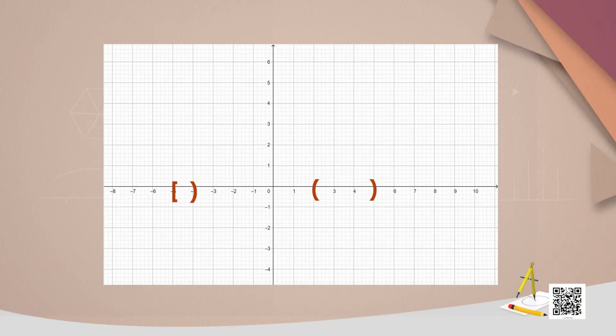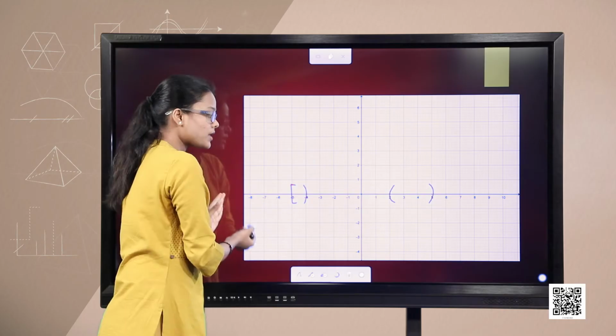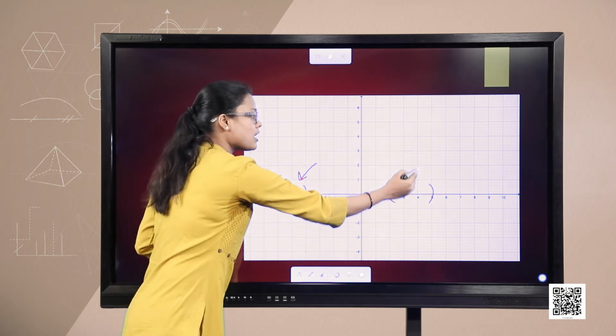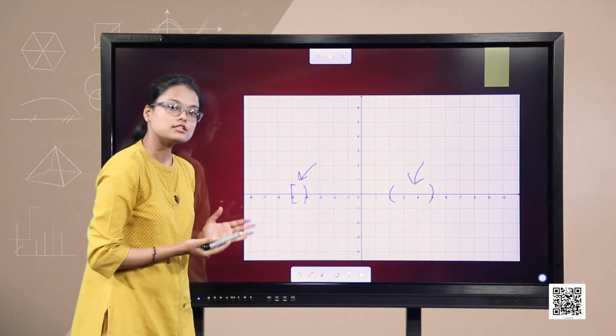These sets are representing subsets of the real line, and such types of sets are known as intervals.